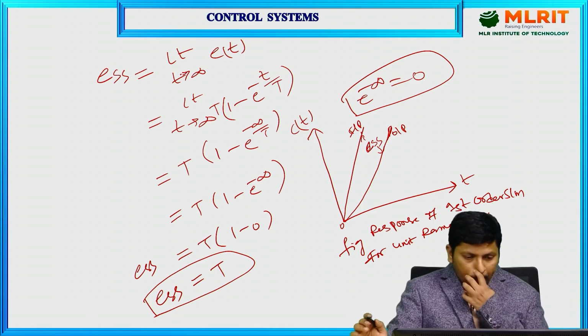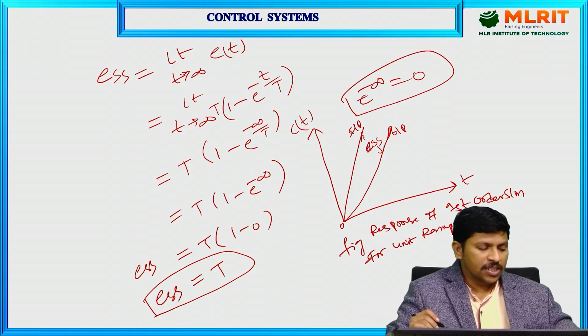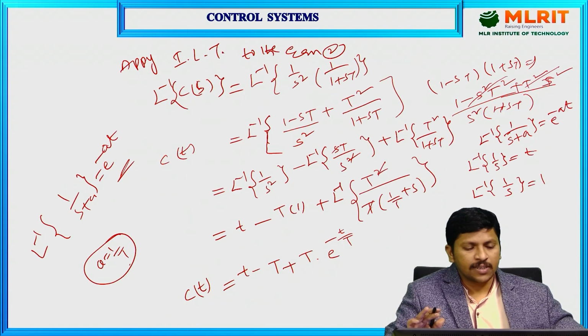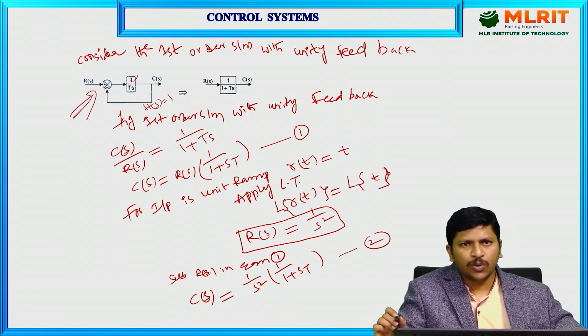Okay, unit ramp input. What did we do here? We applied the input signal as a ramp signal to calculate the time response or transient response for the first order system. We considered the first order system with a unity feedback system.